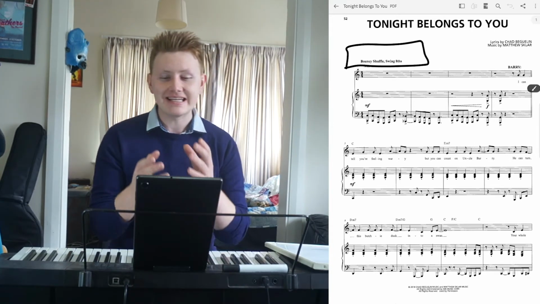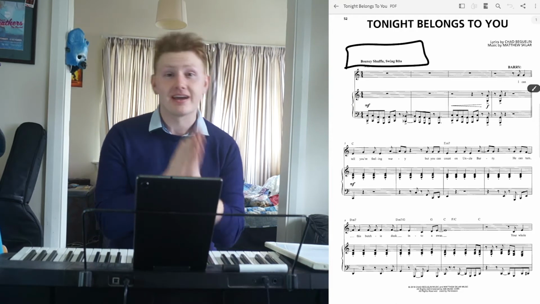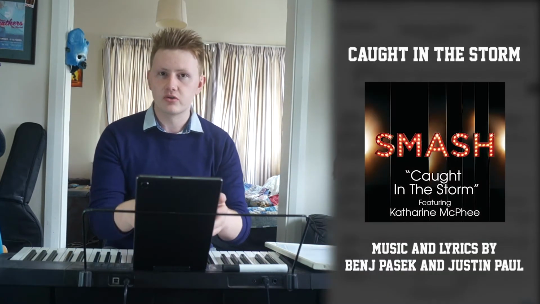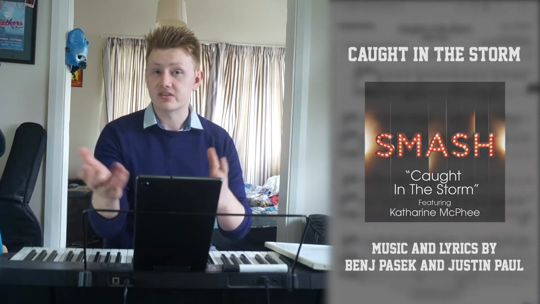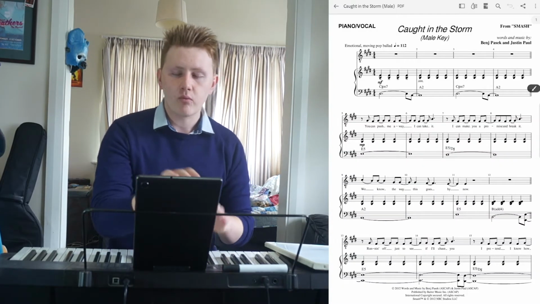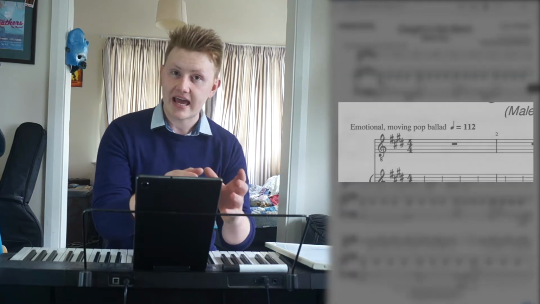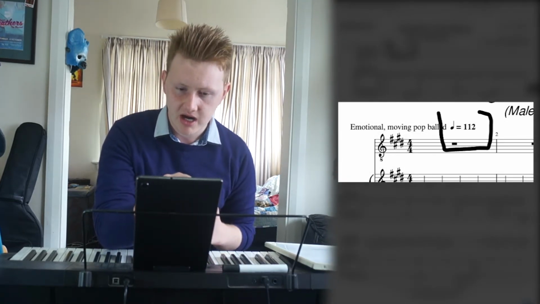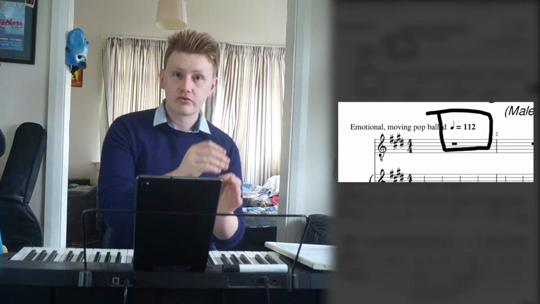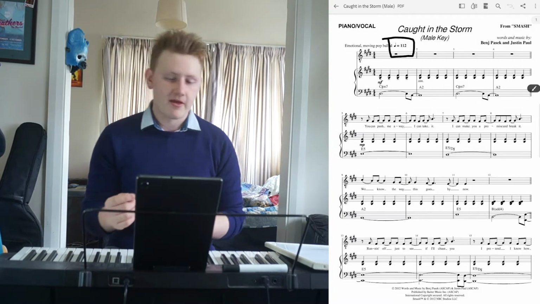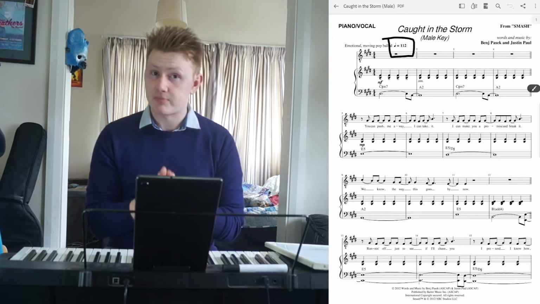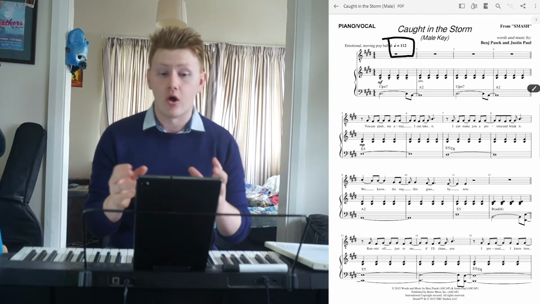In this piece, it doesn't specify a specific tempo, but if we look at a piece like this, which is Caught in a Storm from the musical Smash, you can see that where before it just had words above the music starting, you can actually see this little marking here that says musical note equals 112. And that means that the music is running at 112 beats per minute. That is the tempo of the music.